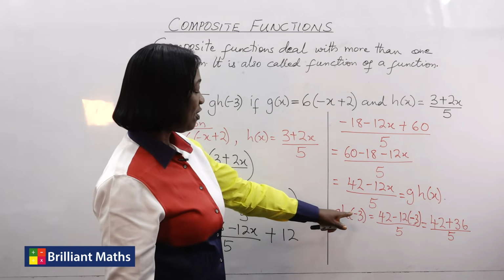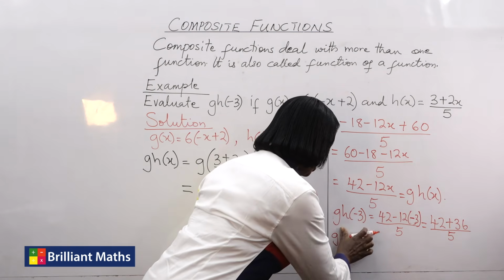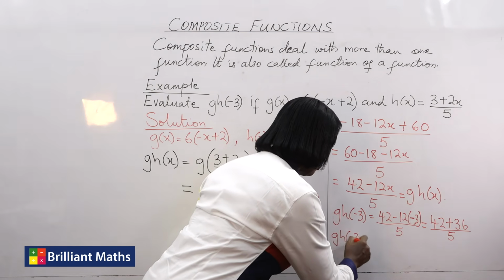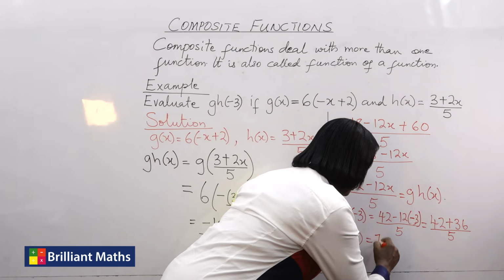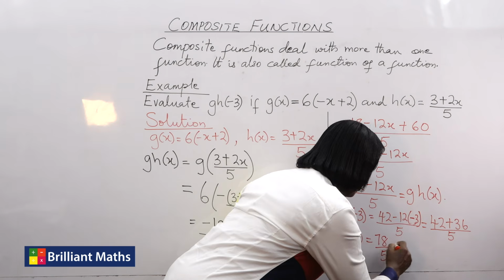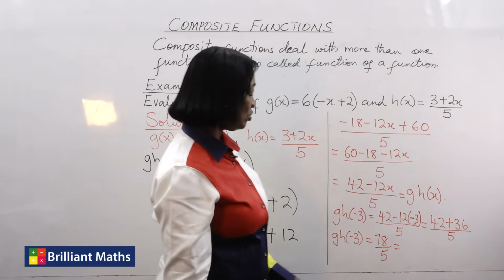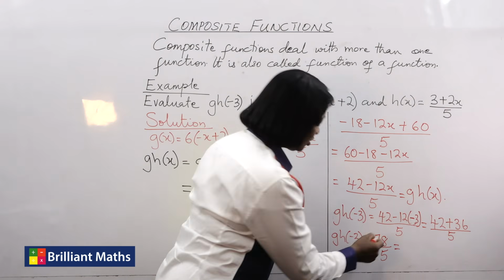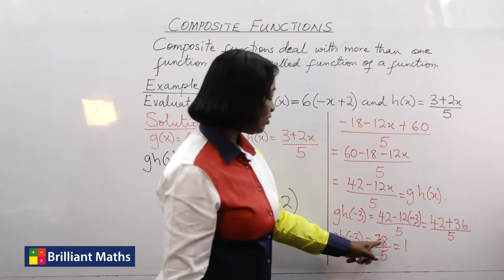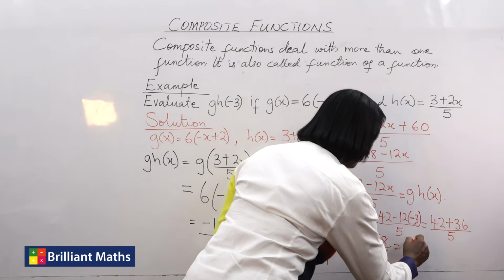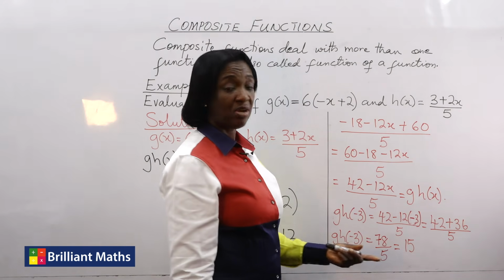So our gh of minus 3 is equal to 42 plus 36, which will be 78 over 5. And 78 over 5, if we want to convert that to a mixed number, 5 into 7 is 1, remainder 2. 5 into 28 is 5. 28 minus 25 is 3.